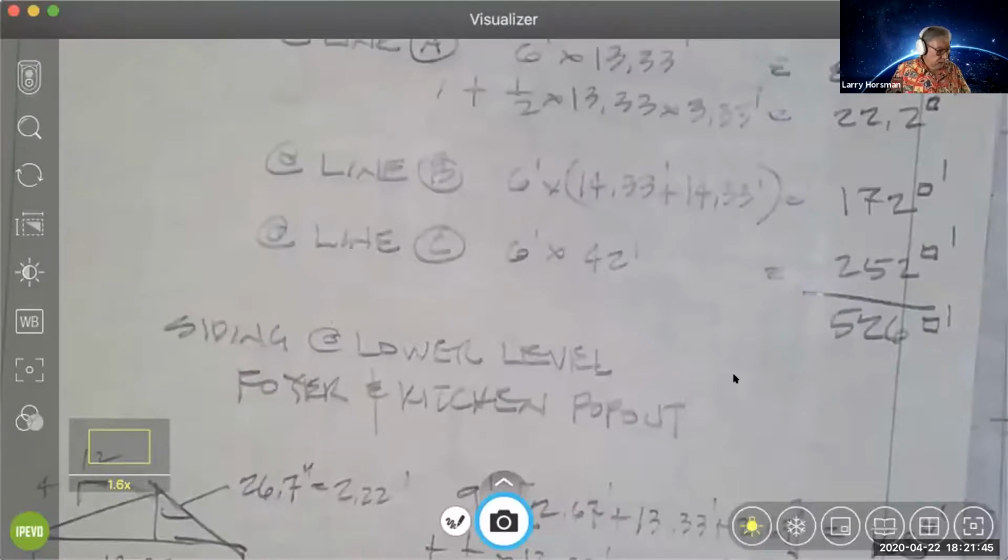And then we have the kitchen pop out down below, and then the area at the foyer, which also appears to have some siding on it. I looked at the, what did I do with it now? Oh, here it is.